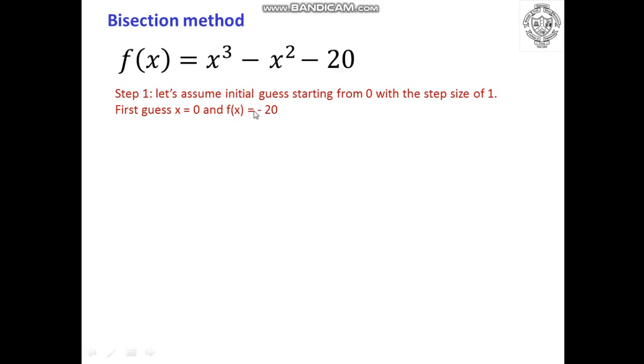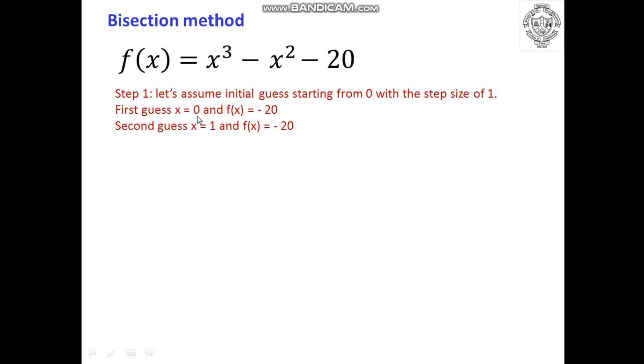If you see, the sign of f of 0 is negative. Now let us assume the next guess, that is the second guess, as 1. When you put the value of x as 1 here, again you will get the value of the function as minus 20.